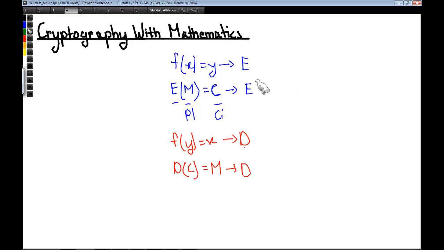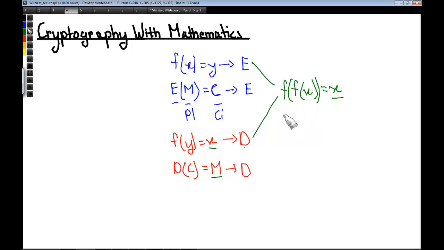In short, we can actually combine these two equations and write them as a single equation. When we want to get back the plaintext message, in this case X, by decrypting it, we can simply put the value of Y back into this function, D(Y) = X. So this decrypting function is giving us back the X value or the plaintext value.